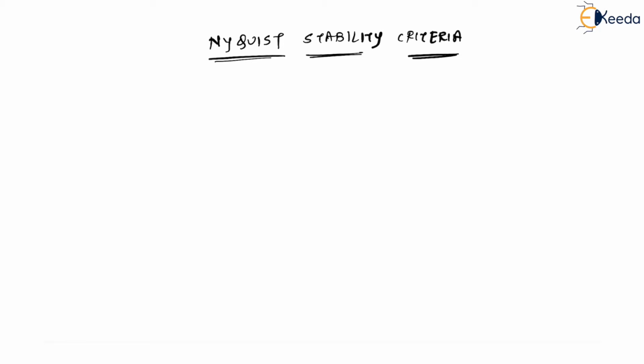Nyquist stability criteria gives you only absolute stability. What is absolute stability? You have already learned, but I would just introduce it again. What is absolute stability and what is relative stability?